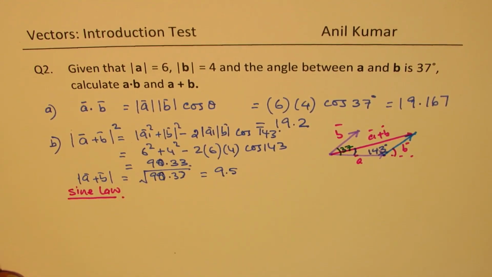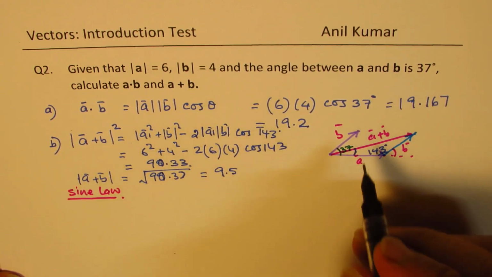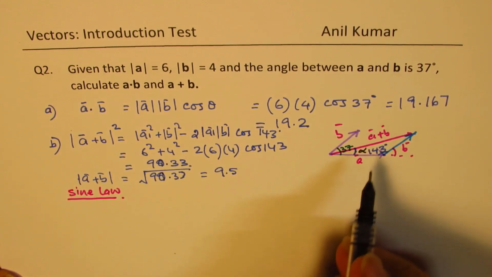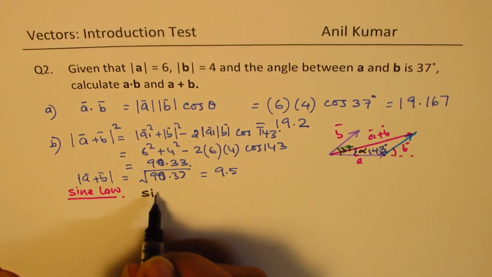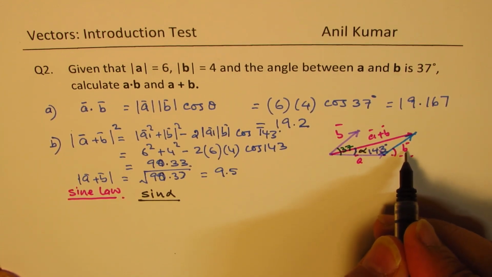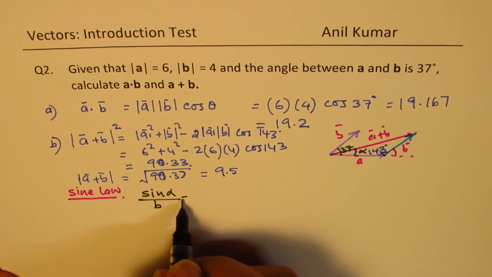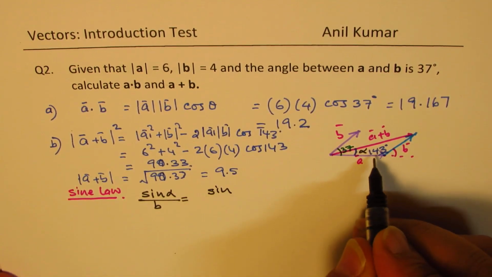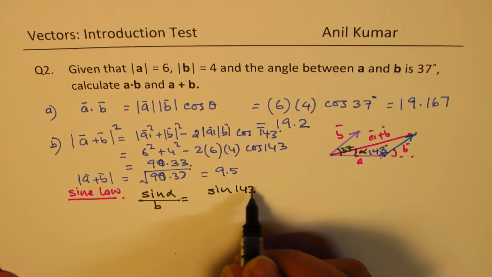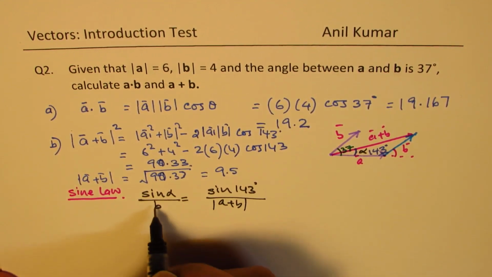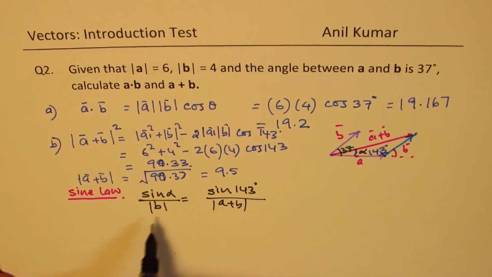Okay. So let us say that we now calculate the angle alpha which the sum makes with side A. In that case, sine alpha over side B should be equal to sine of angle 143 degrees over the magnitude of A plus B, right?